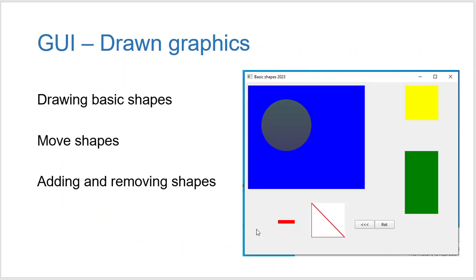So next we are going to draw some basic shapes like circle and rectangle, and then we are moving those shapes and doing some effect like animation for those shapes.